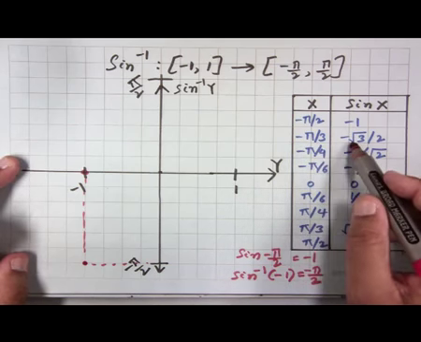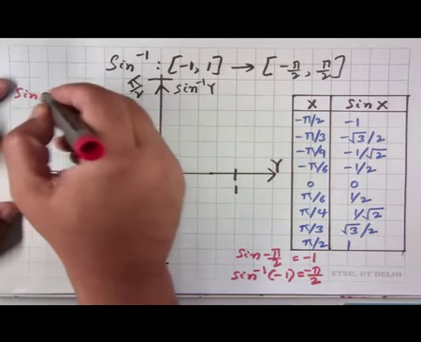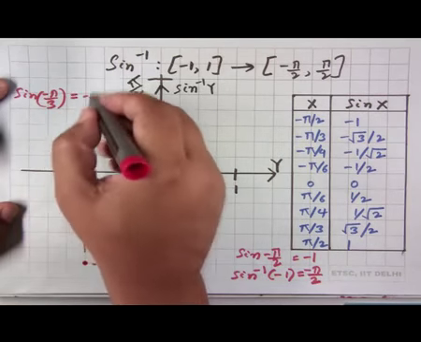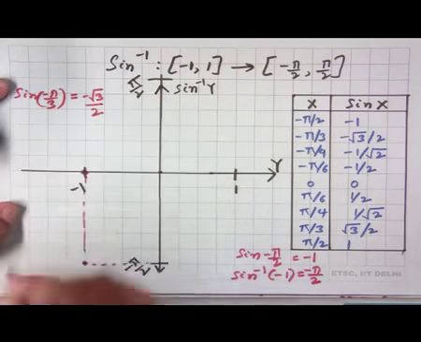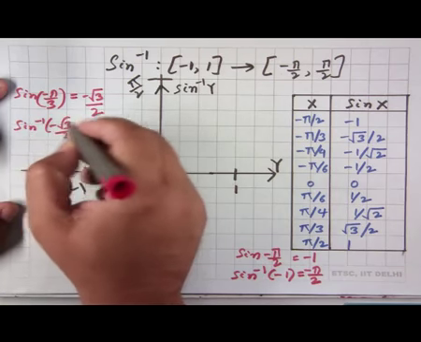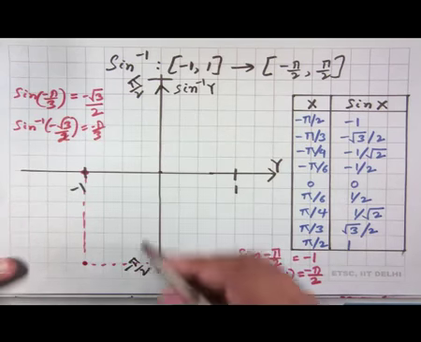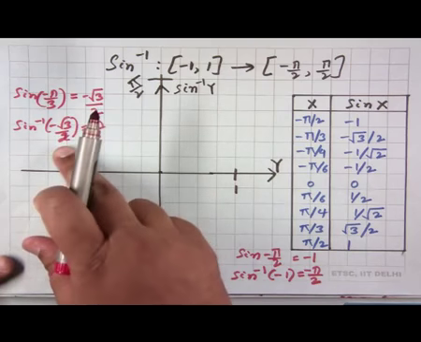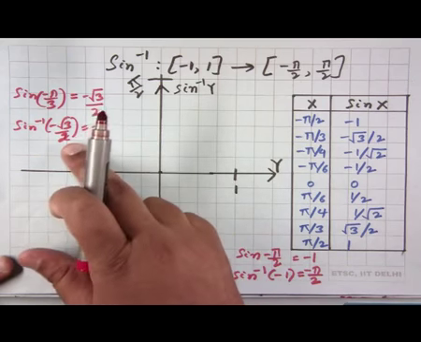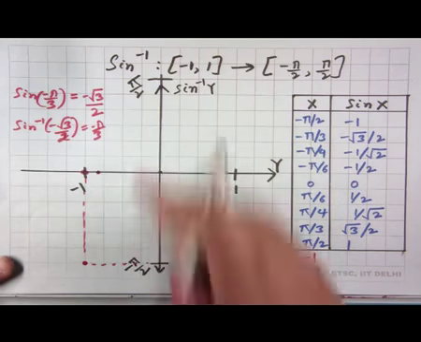Moving further ahead, we have sine of -π/3, which is sine of -60 degrees, equal to -√3/2, and from there we can write that sine inverse of -√3/2 is -π/3. So, for y equal to -√3/2, which is around -0.86, that will be approximately somewhere here, and then -π/3.